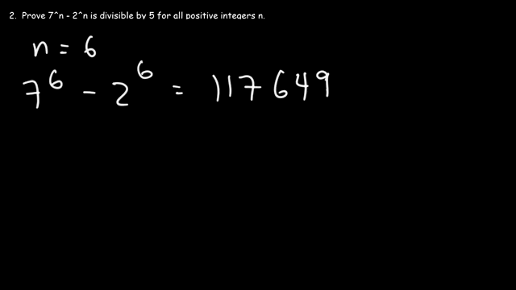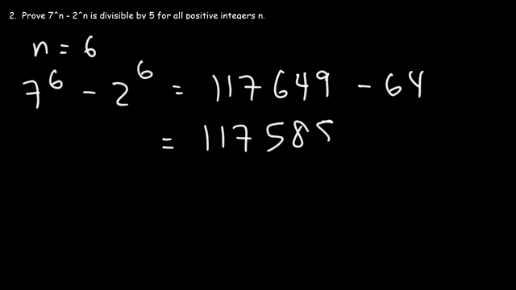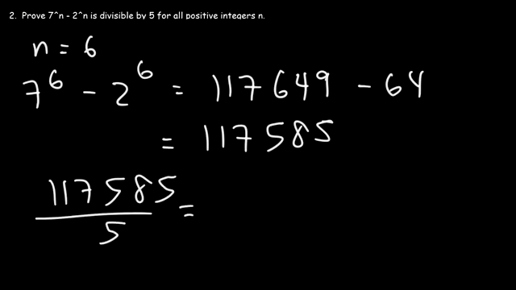And 2 to the 6th power is 64. If we subtract those numbers, it will give us 117,585. And then if we divide that number by 5, this will give us an integer, which is 23,517.